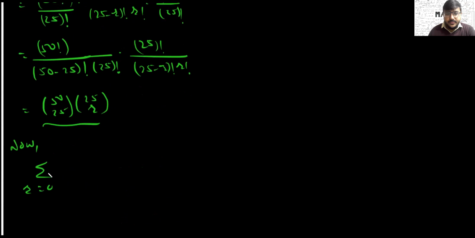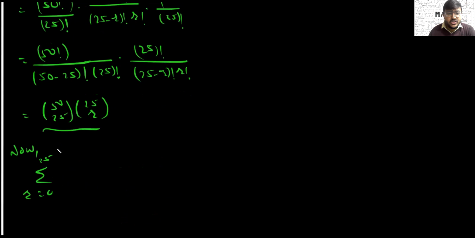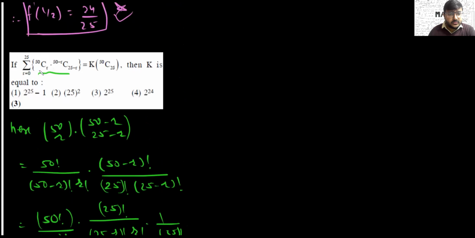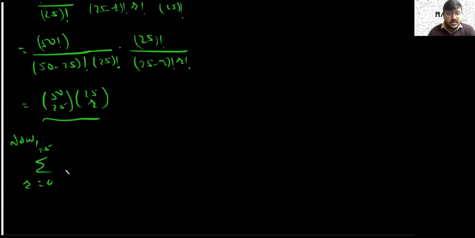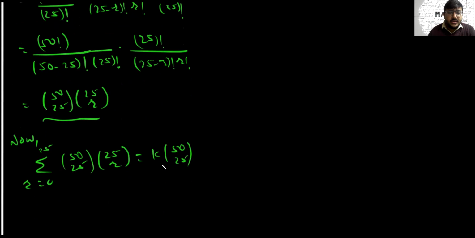Summation R equals 0 to 25. Just check, 0 to 25. And instead of this, I can replace that as 50C25 into 25CR, and that is equal to what? K into 50C25. As 50C25 will be the constant term, I can cancel it out from both sides.